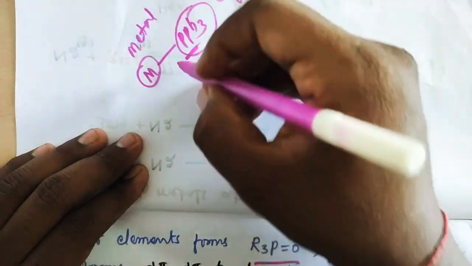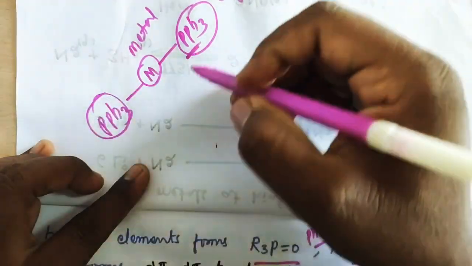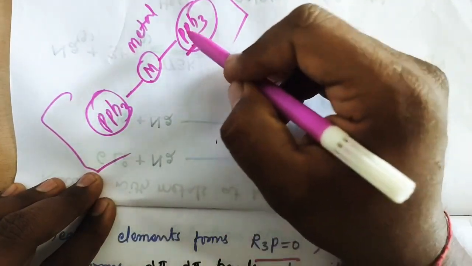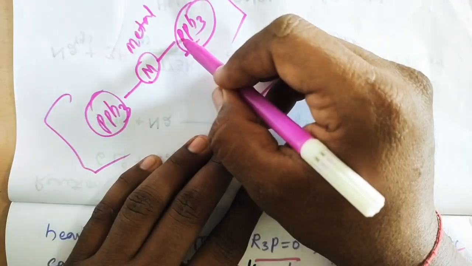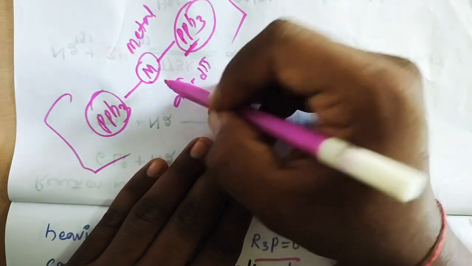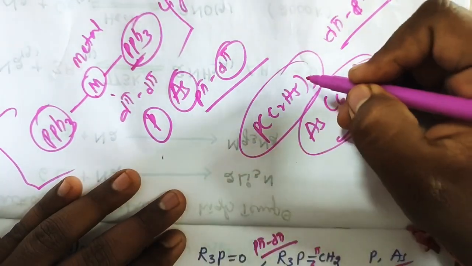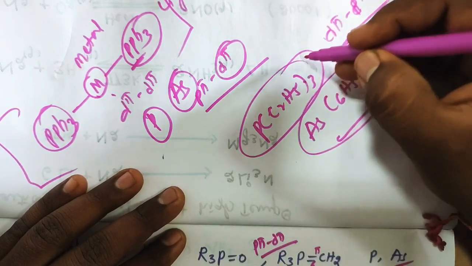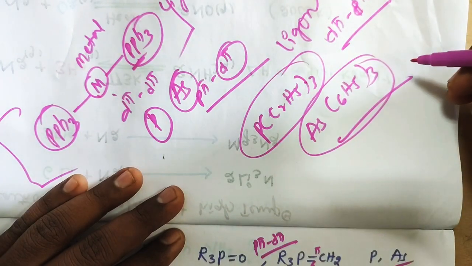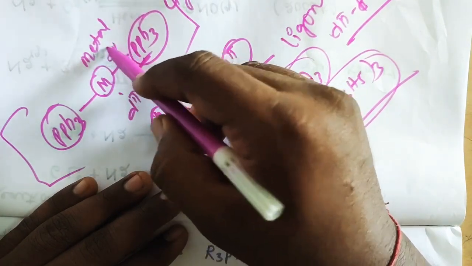In transition metal coordination complexes, the ligands are bonded with metals. In that, the phosphorus-containing ligand forms a dπ bond with the transition metal. So when these compounds act as ligands, they are bonded with metal atoms through dπ overlapping.